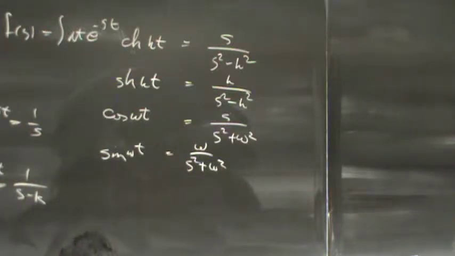Yes? In the book you talk about, like in this first example where you just have f of t equal to 1, you say it's well defined for real s greater than 0 and square integrable for real s greater than epsilon, but how is that any real s greater than epsilon? Oh, it's square integrable on the real line from epsilon out to infinity. That's what I meant. You're right, I could have said that better.